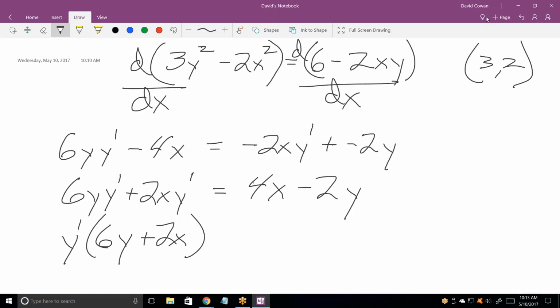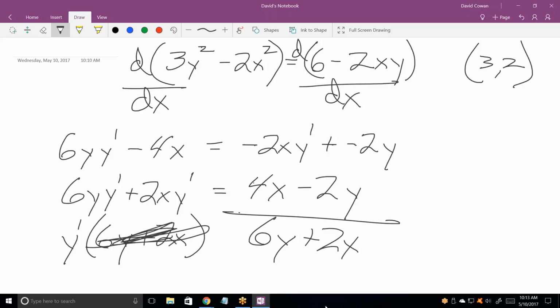So without rewriting everything, I'm just going to divide that by 6y plus 2x, and that's equal to y prime. Now, I can simplify that, and I will in a second, but notice how I can figure out the slope at this point that includes an x and a y coordinate. Right. So then you just plug the y in. Yeah, exactly.